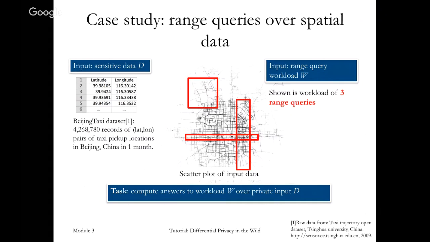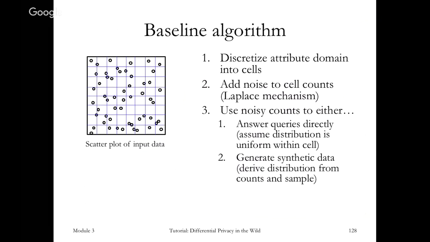Okay, so I think I understand your question. If you ask predicate queries that overlap, then what you're left with is sequential composition, so the privacy loss accumulates. If I ask this query and this query, they overlap, and so I can't use parallel composition. But the idea behind this algorithm is that I break the data into this grid of disjoint regions.